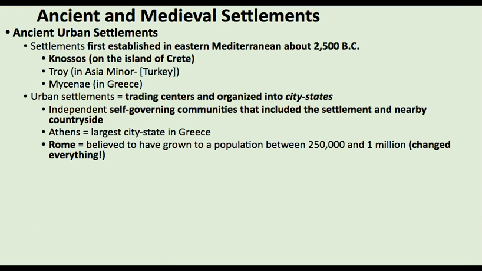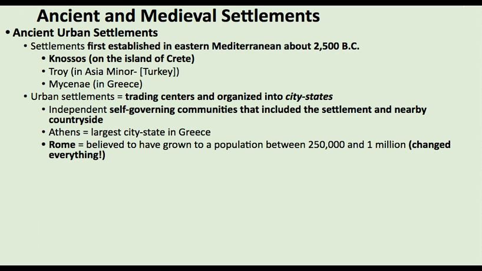City states is something we talked about last semester in political geography, the development of states, and cities are what motivated that development in a lot of places. These settlements became so large scale and so important to their populations that they became independent self-governing communities that included the settlement and the nearby countryside.